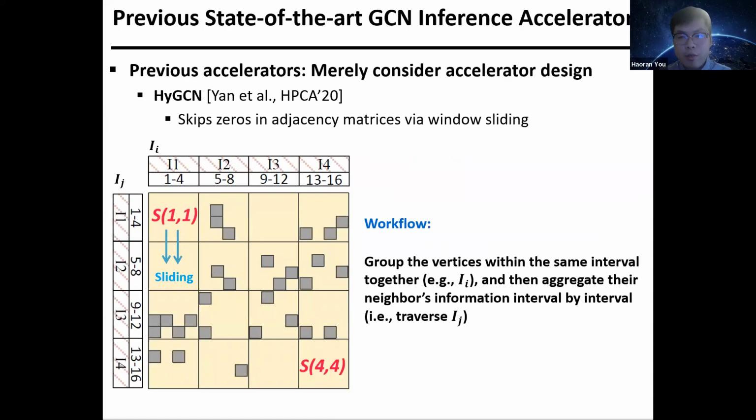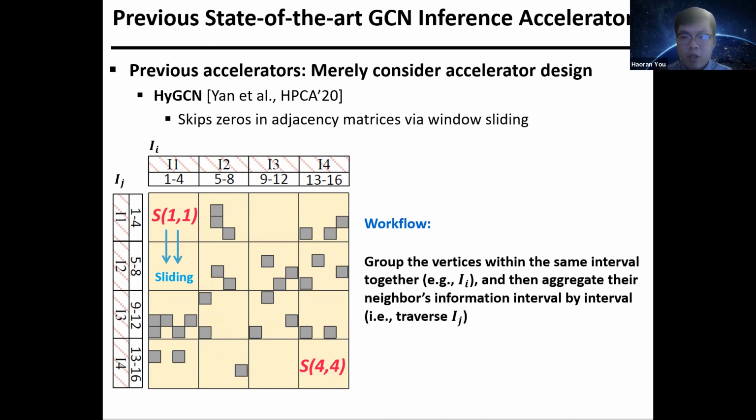For efficient GCN inference, there are SOTA GCN inference accelerators, but they merely consider the accelerator design. For example, HyGCN proposed to skip zeros in the adjacency matrix via window sliding. We show one example in the figure below. The workflow can be described as follows.